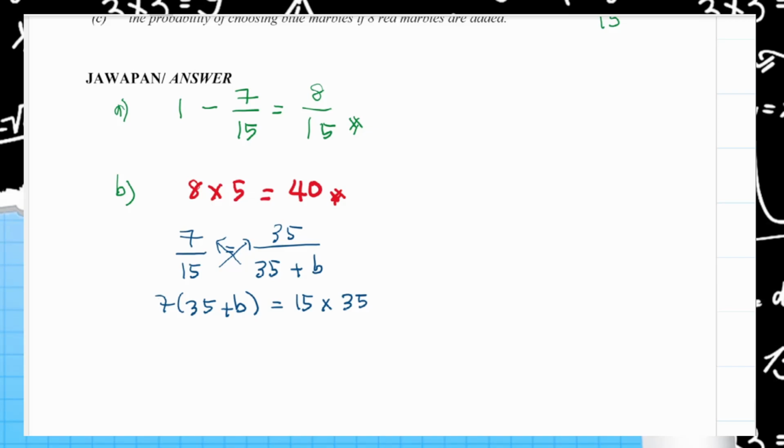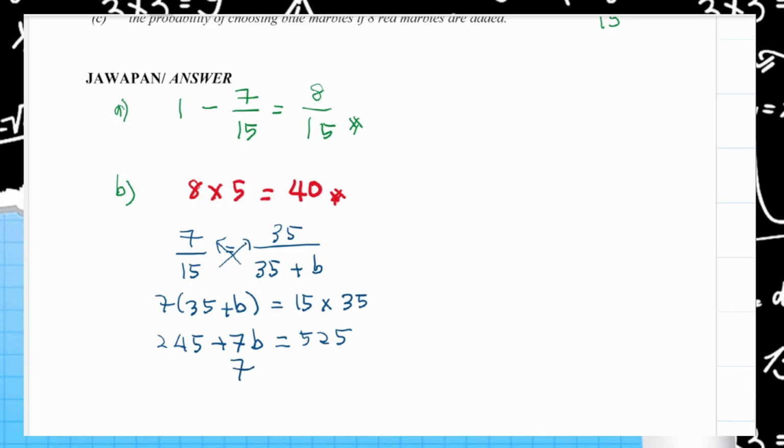Wait a minute, cik nak tekan calculator je. So 7 times 35, you will get 245 plus 7B. Here 15 times 35, you will get 525. Then after that you solve lah.